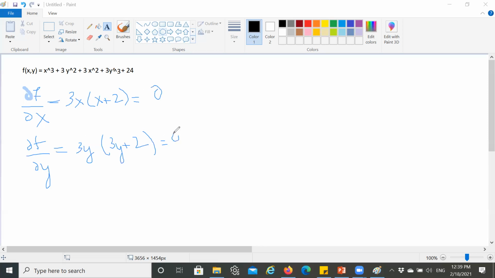Equal to 0. So the solutions for this are: either x will be equal to 0 or x plus 2 would be equal to 0; y would be equal to 0 or y plus 2 would be equal to 0. So one solution is 0, 0.